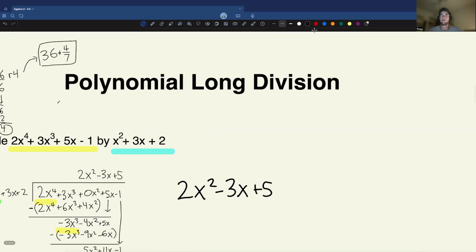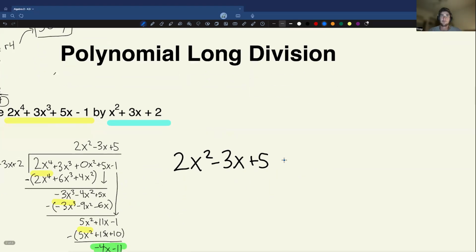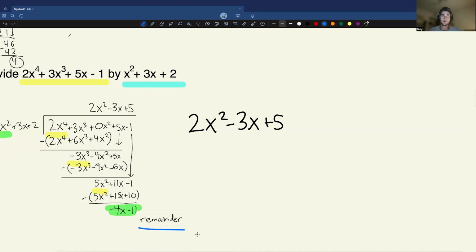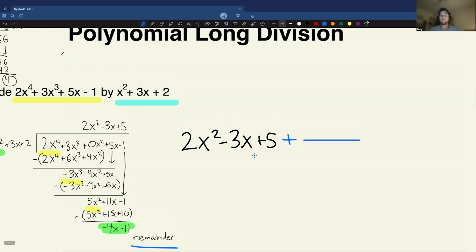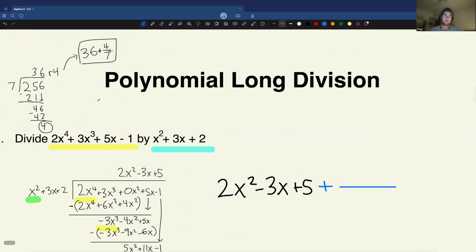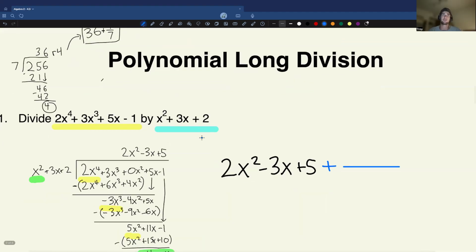Okay, now the remainder comes in, and I'll use a different color for the remainder. So the remainder is going to be plus. We can always just use a plus here. If there's a negative and you want to convert it to a minus, you can, but using a plus is always going to be safe. So plus, and now we have a fraction bar, because remember, here it's plus 4/7.